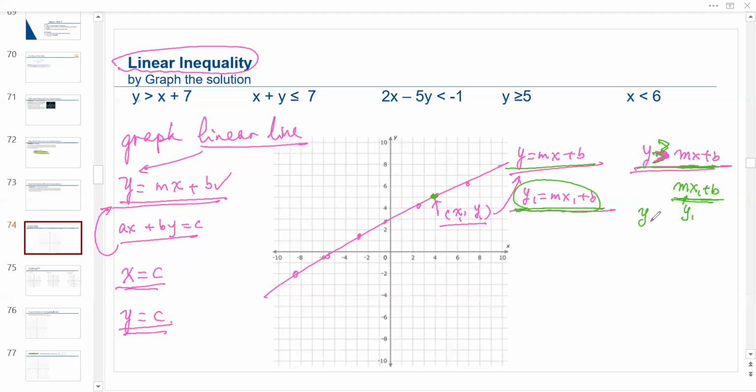So if y equals y1, they will equal each other. Just like this one, they match this equation. You match this equation, you get a y1. So y equals y1, so they will equal each other. They are not greater. This one is not greater than y1. They exactly match. That's this situation. Any dot on this line matches this equation.